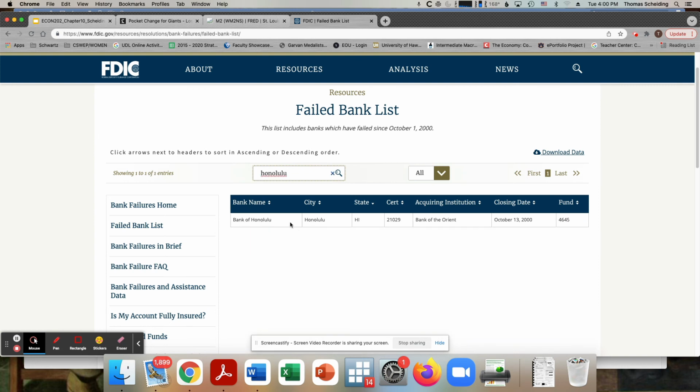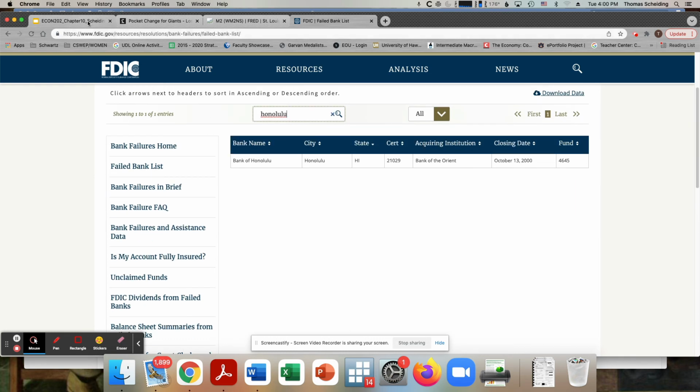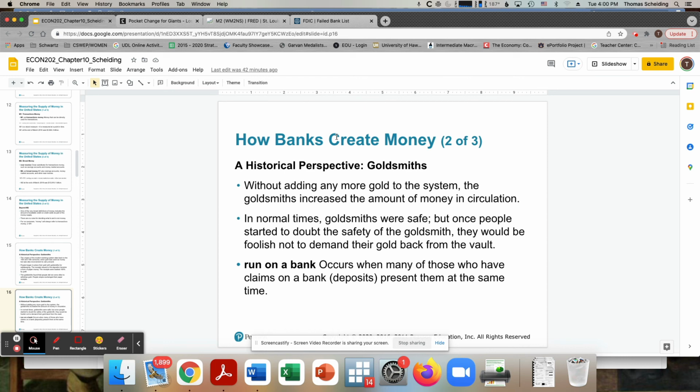This is the big one. In 2000, Bank of Honolulu was bought by the really badly named Bank of the Orient. It's a pretty old term. But you can look up those kinds of things, and you can see run-of-the-mill bank failures.